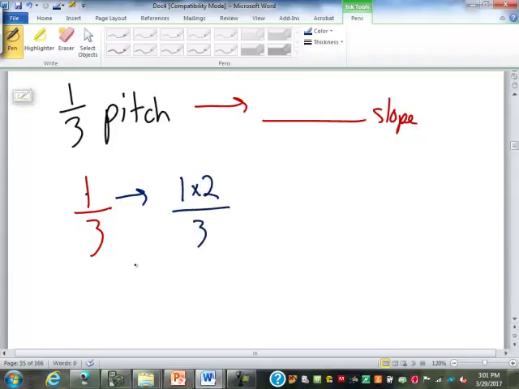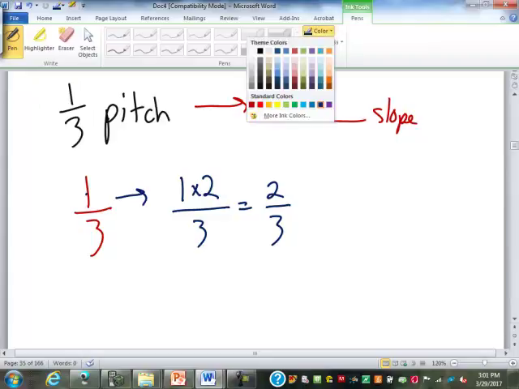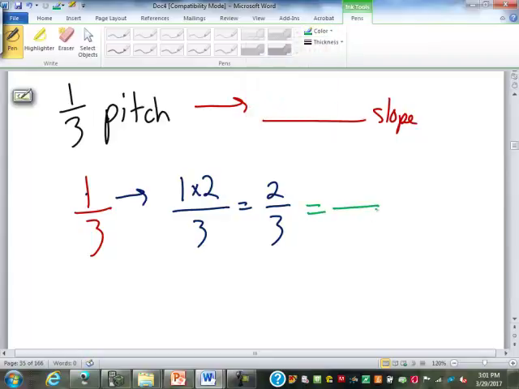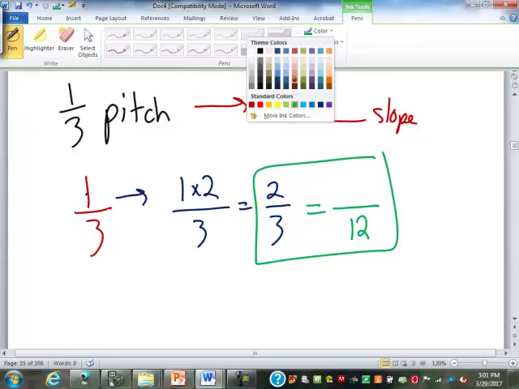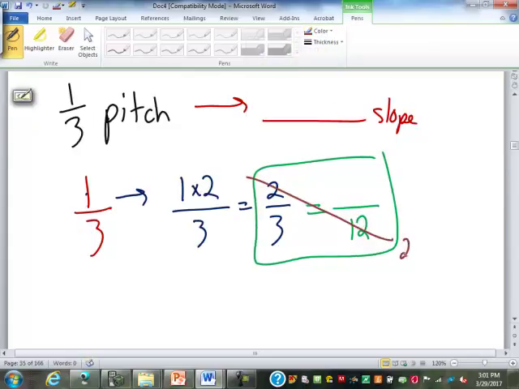So 1 over 3, we're going to take the 1 times 2, which is going to be 2 over 3 now. Then we set that equal to, we're going to do a proportion of blank over 12. So 2 times 12 is 24. Divided by 3 is 8. So that is actually an 8/12 slope.